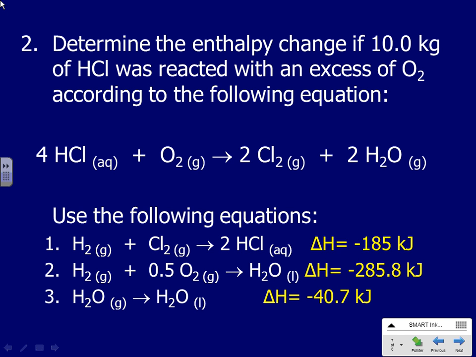If you pick a reactant or product that appears in more than one, you don't know how to manipulate it. There's no easy way to see the manipulation. So simply go through your reactants and products of your overall reaction, find ones that appear only once, and manipulate the reaction so that it puts it in the right spot with the right coefficient.